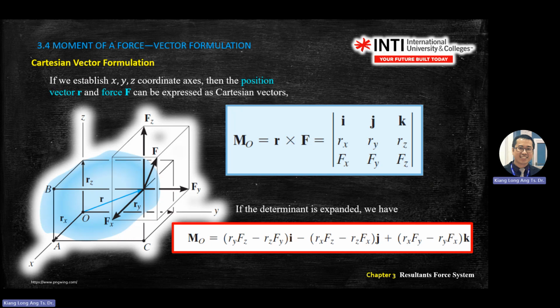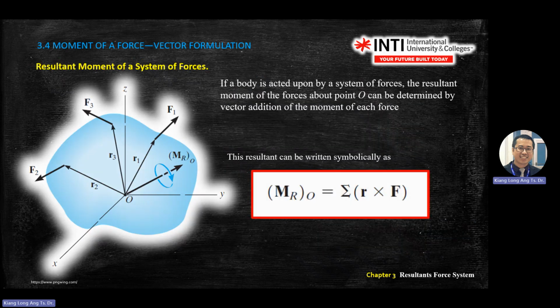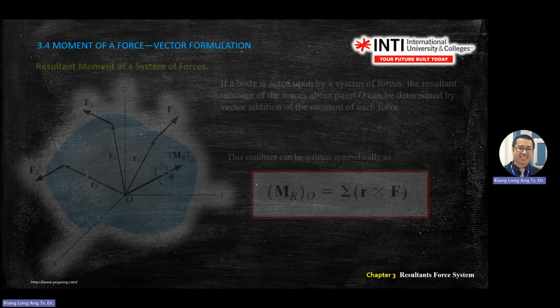You might get positive because maybe the radius and force is negative. Means the R or F become negative, then the negative becomes positive. Or if you do this one, the total number is negative, so negative gets positive. Okay. But important is this matrix.